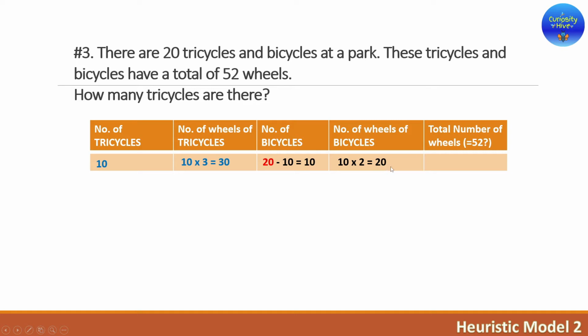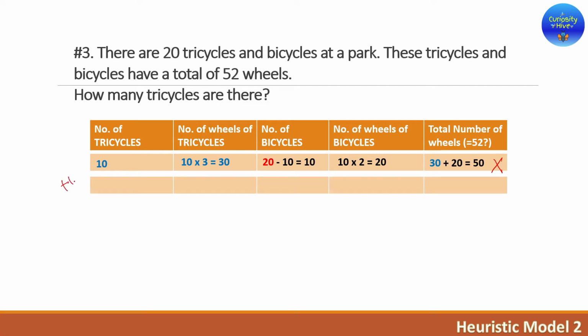Now that we have the wheels of both tricycles and bicycles, let's find out if their sum equals 52. So we have 30 plus 20, which is equal to 50, which does not validate the question condition. Whenever the answer is less than what you need, we need to increment by 1.